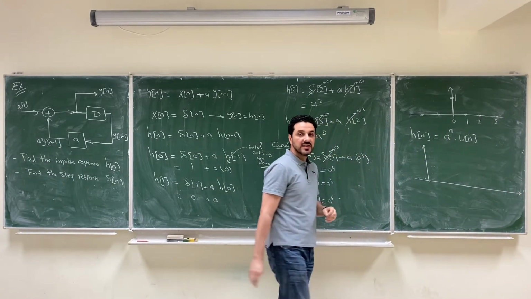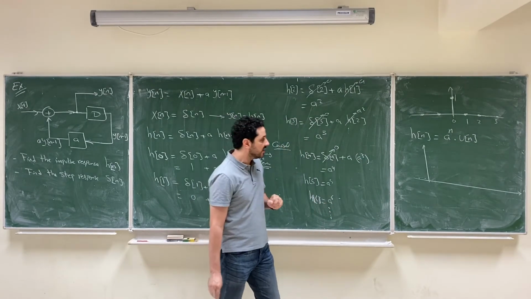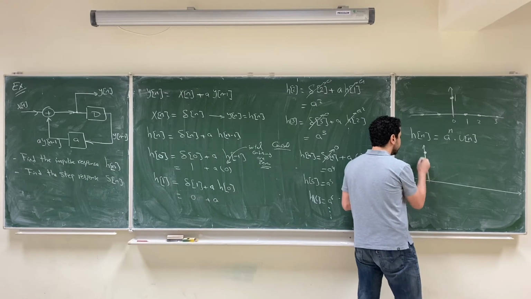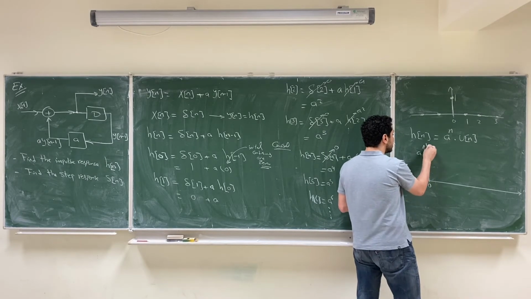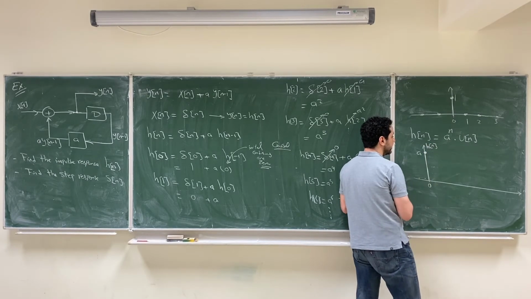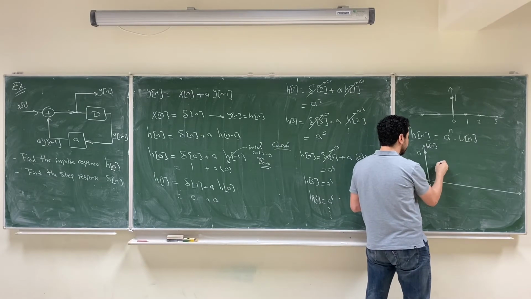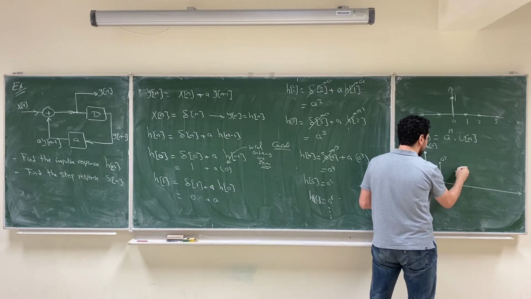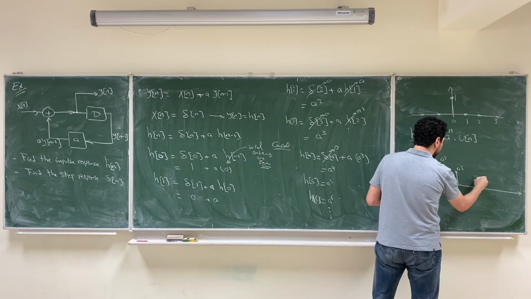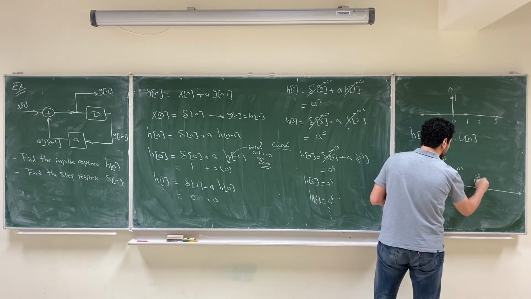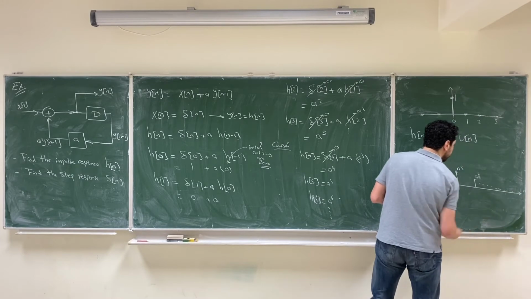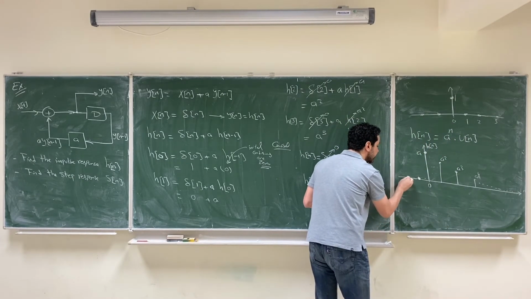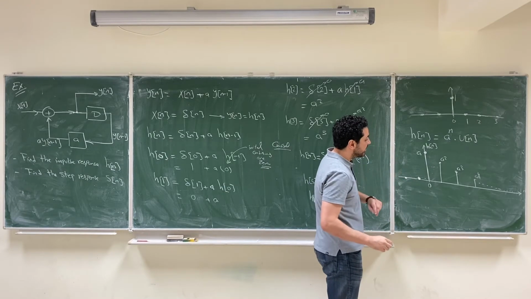If a is a fraction, assume that a is less than 1, you'll find that at 0 the response h of n will be a. Then at 1, it will be a squared. At 2, it will be a to the power 3, a to the power 4, and so on. Before 0, of course, it was zeros. So this is our impulse response.